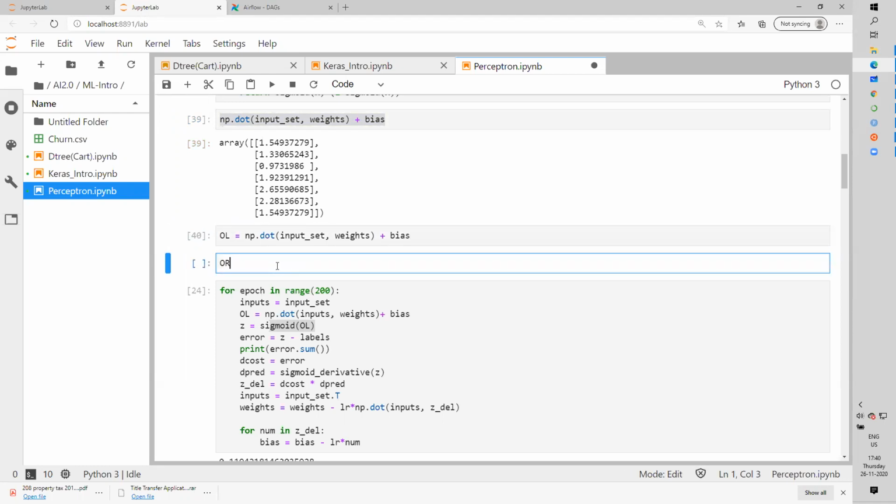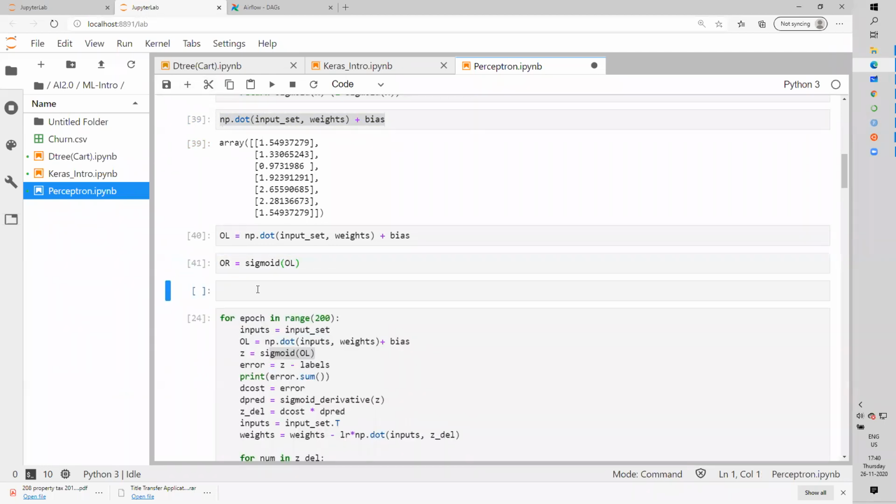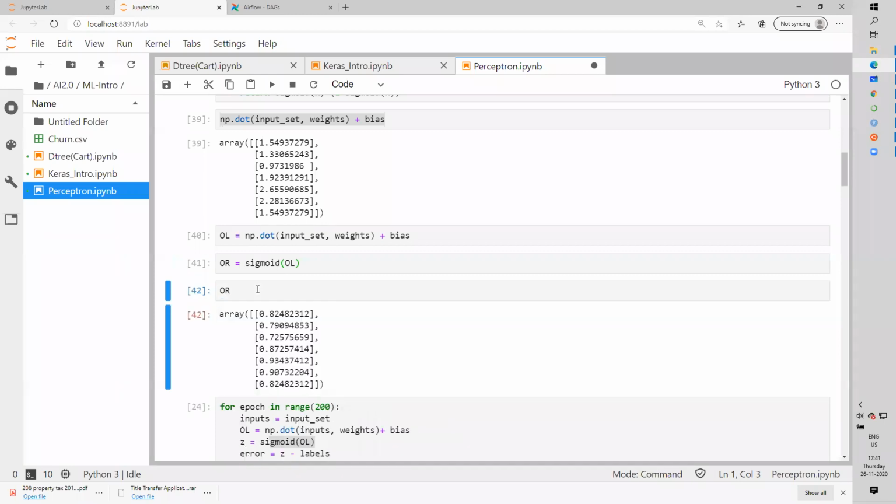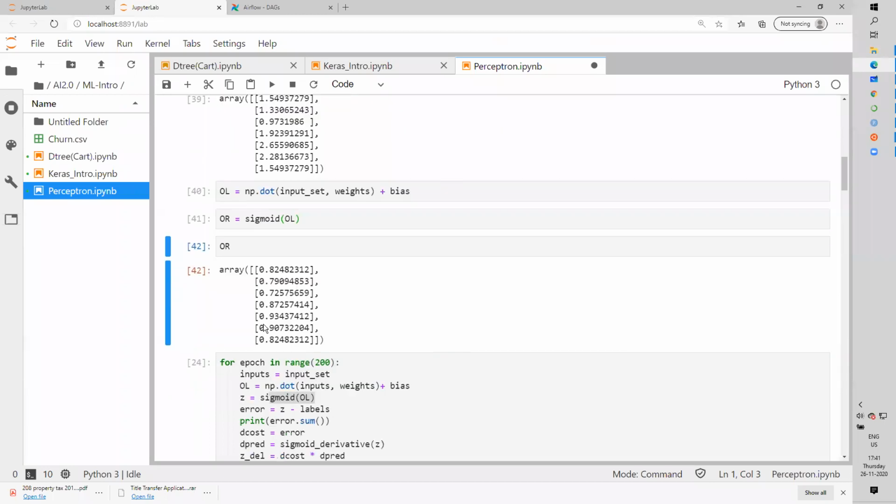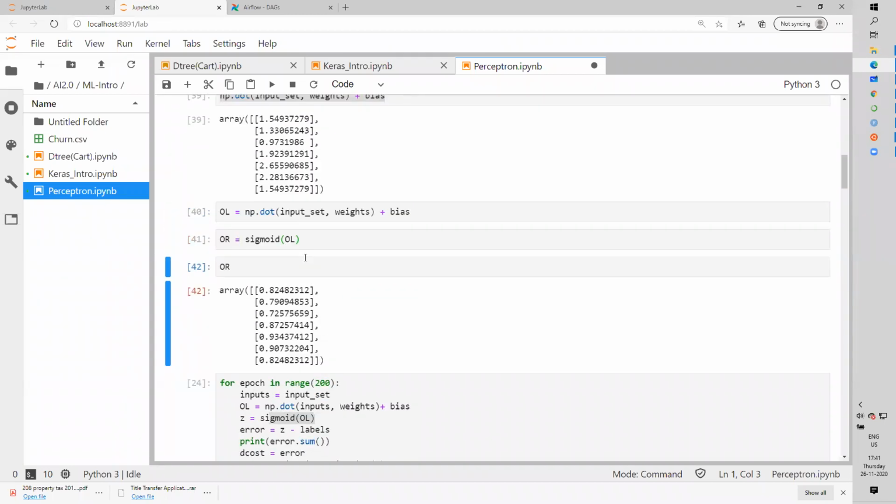OR, the output on the right hand side, is sigmoid of OL. We have already defined this function. So this is going to be a matrix of order 7 by 1.